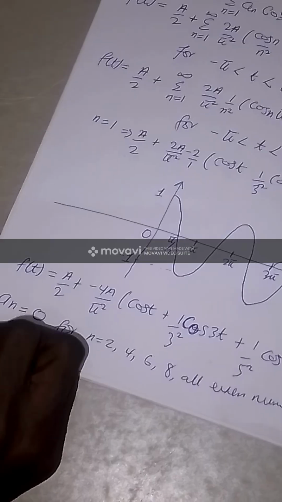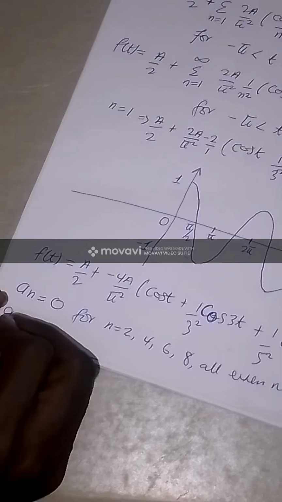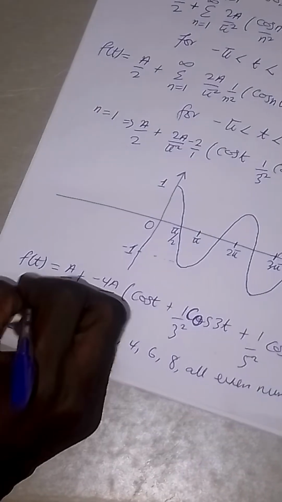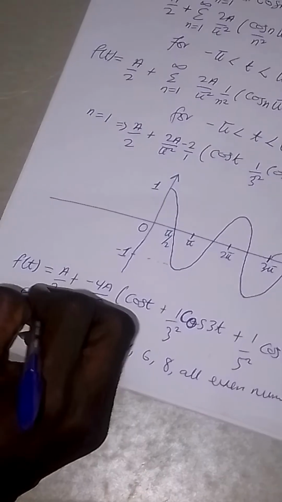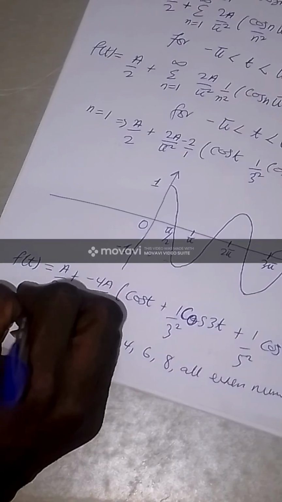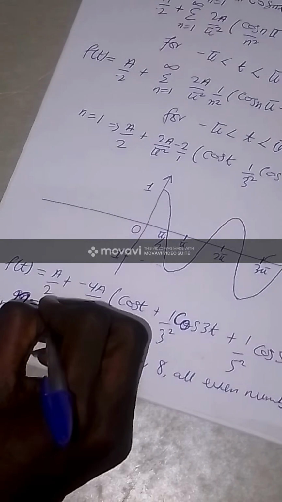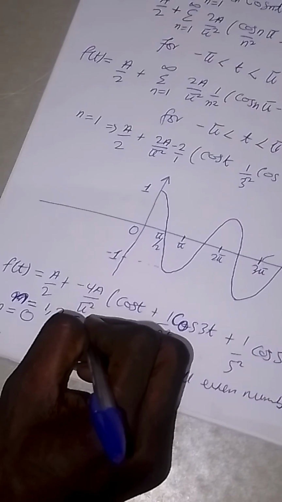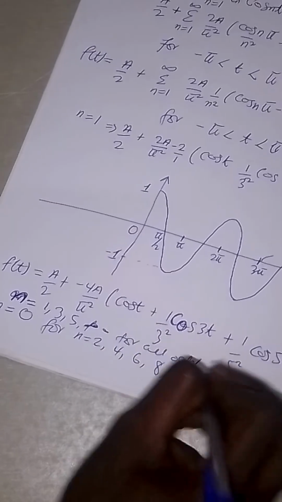Then you can say that an is actually defined for this one. So these values I have here: an is equal to this series that I have here for n equals 1, 3, 5, and it continues on and on for all odd numbers.